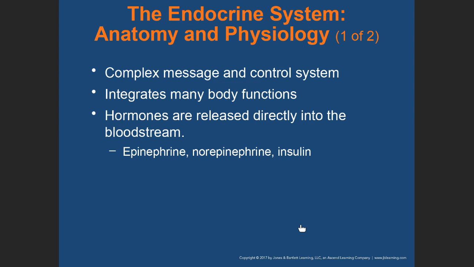Now, even though the cells in the body require insulin in order to utilize glucose, there is one area in the body in which insulin is not required for that purpose. So the brain cells do not require insulin to get sugar.